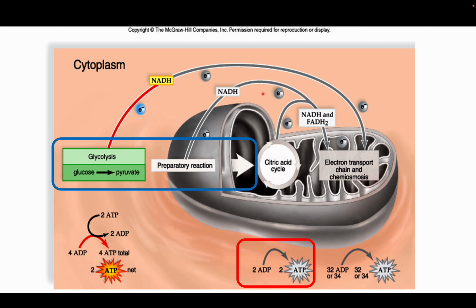In the presence of oxygen, glycolysis serves as a preparatory reaction for the higher energy yielding processes occurring inside the mitochondria.